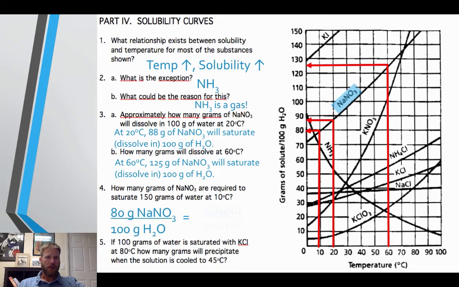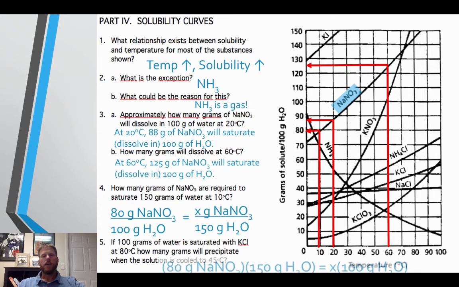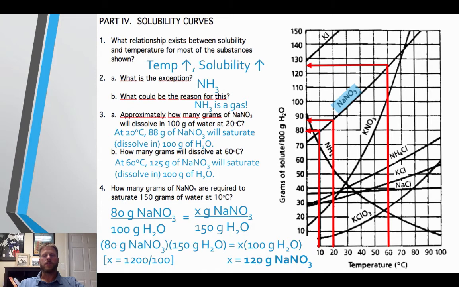So how many grams would dissolve in 150 grams of water? So you can just set up a ratio and then cross multiply and divide. When you do that, you see that we'll get 120 grams of sodium nitrate to dissolve in 150 grams of water at 10 degrees Celsius.